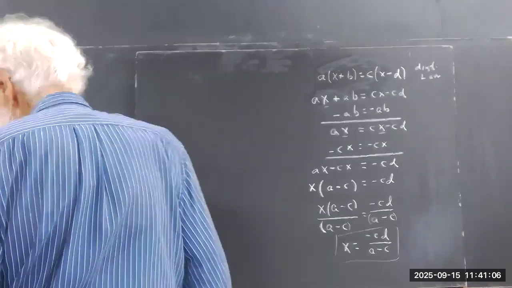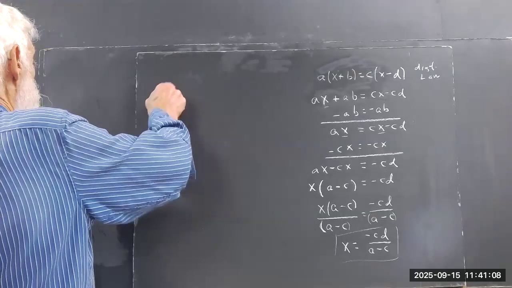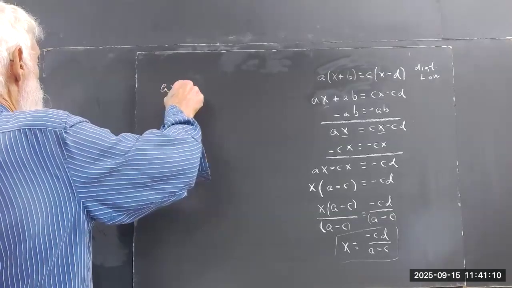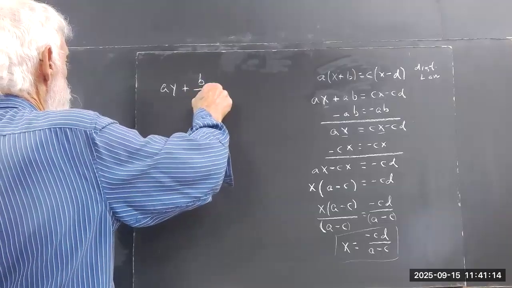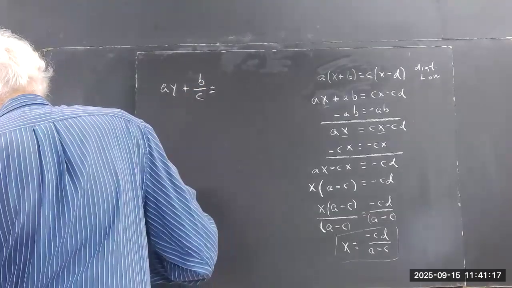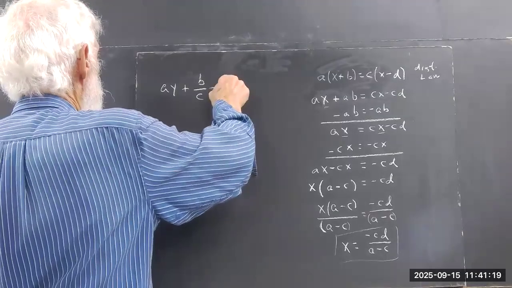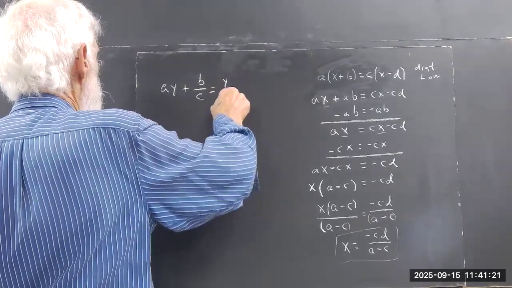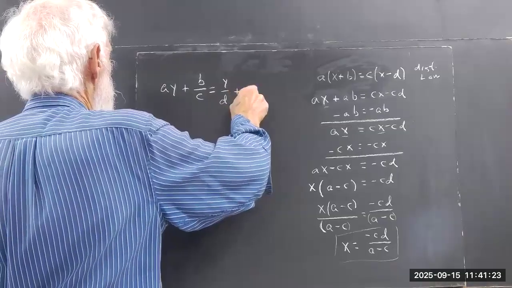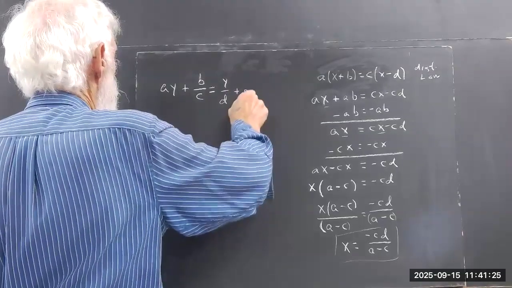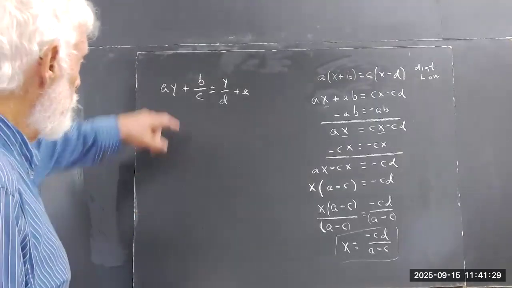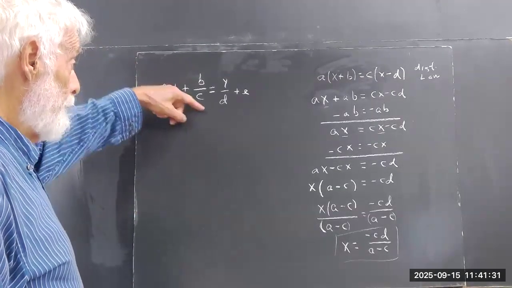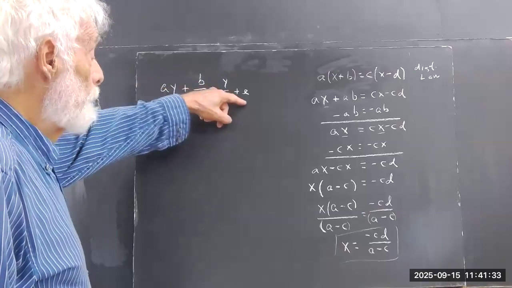So we have AY plus B over C equals Y over D plus E.